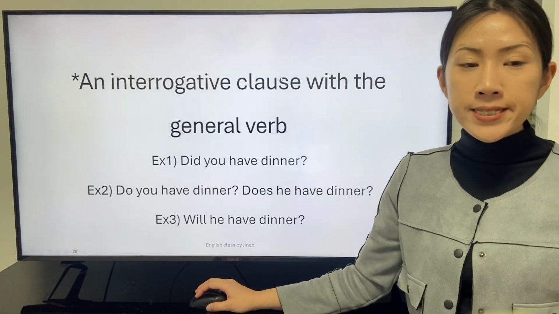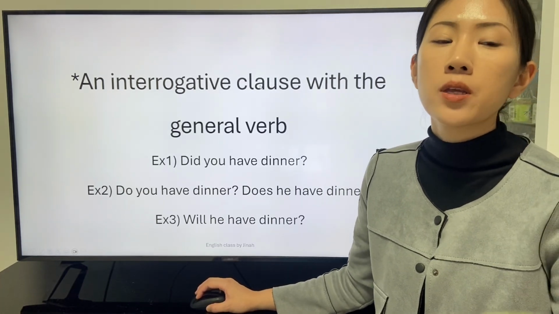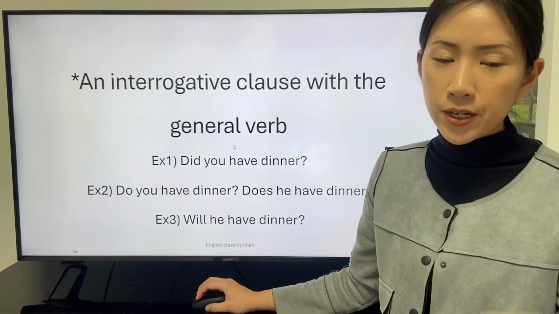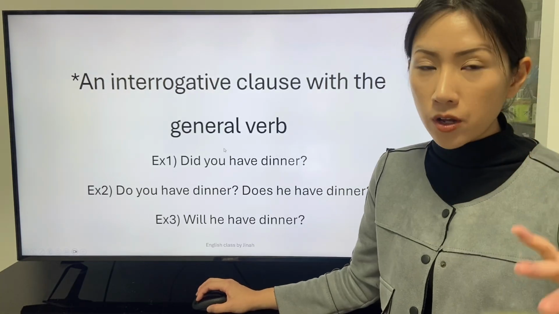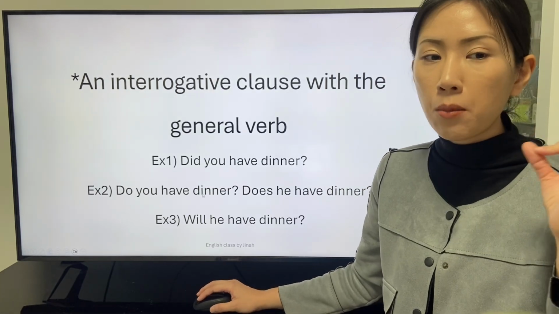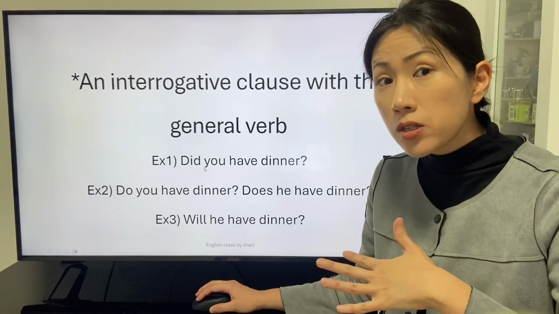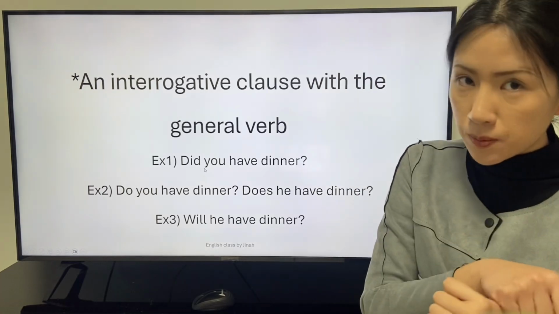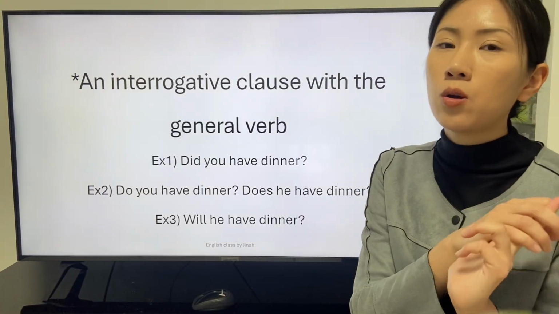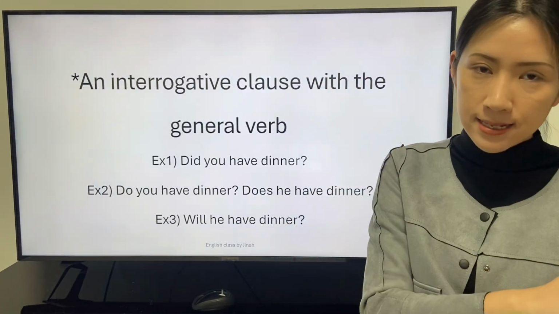There are exemplary clauses. The first one is that, did you have dinner? The interrogative clause starts with the modal verb did to notify that the clause is about an experience, a condition, or an action in the past.